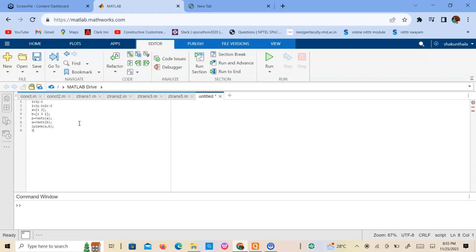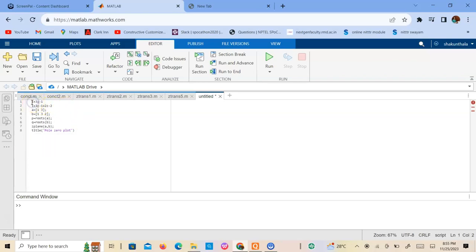So if you want to give the title for the figure, we can use title, okay, and then we can give pole zero plot. Okay, so like this we can give and we can execute, okay.